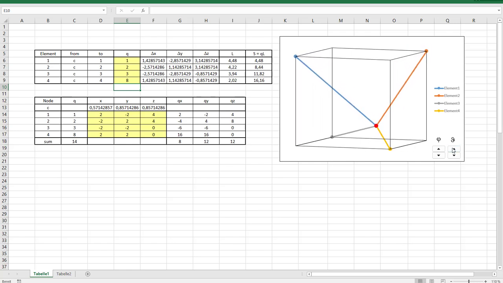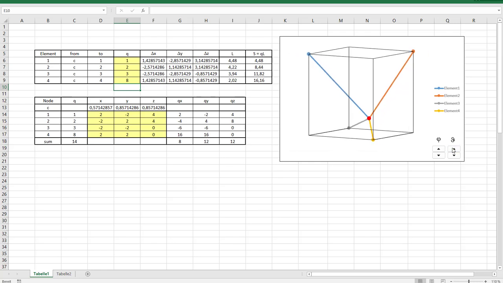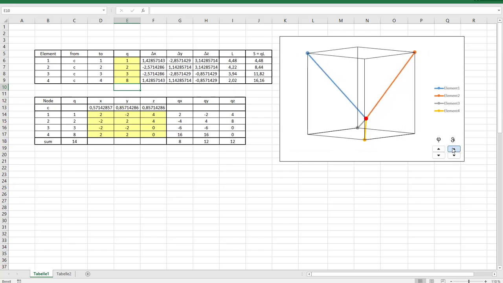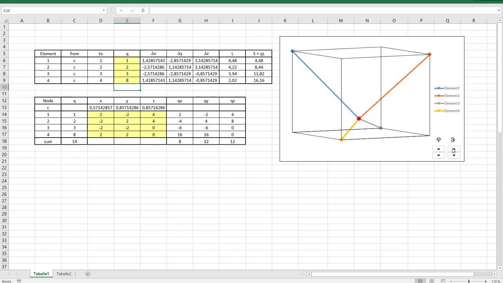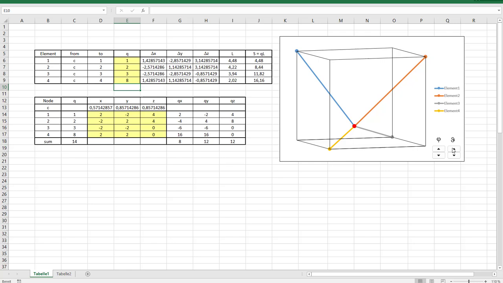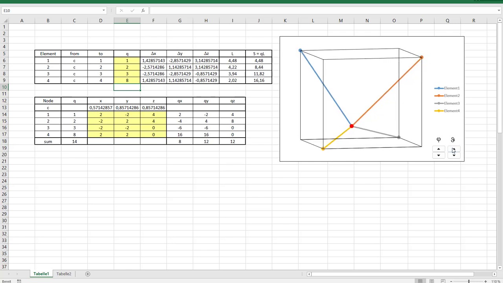Sorry that the graph is scaling and hopping, but I think you are able to understand what's going on. There we are. Well, try it by yourself. It's really fun and not an issue at all to set up tables like that to solve the form finding problem.